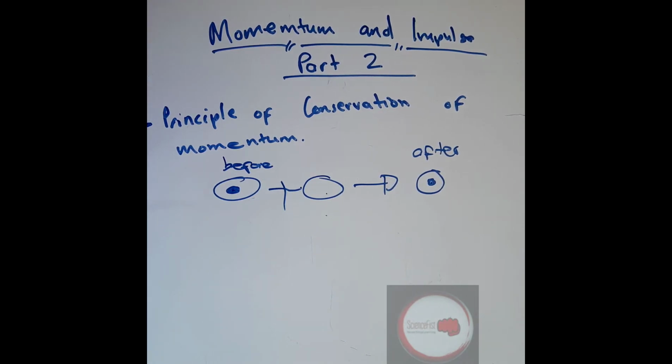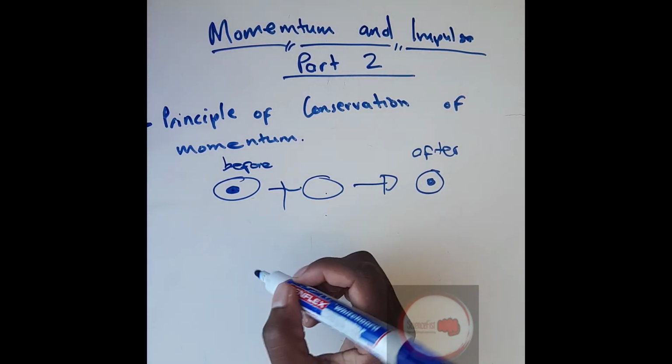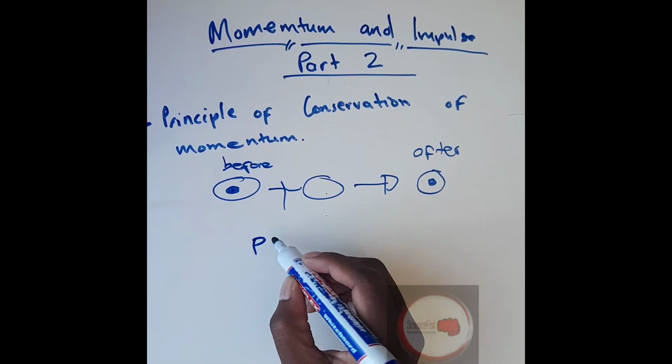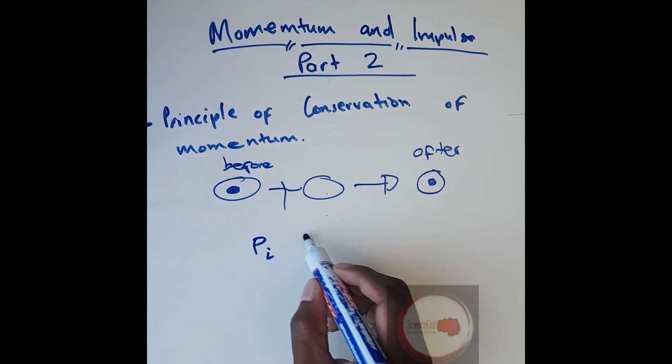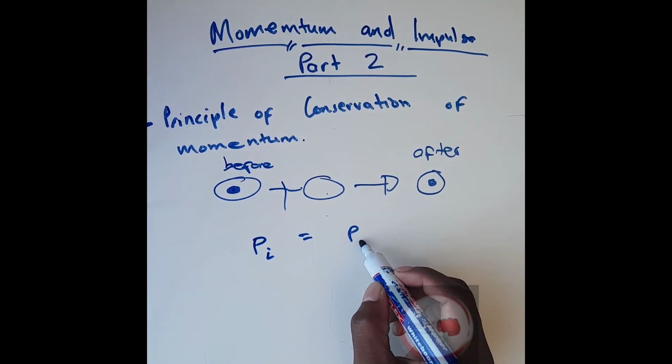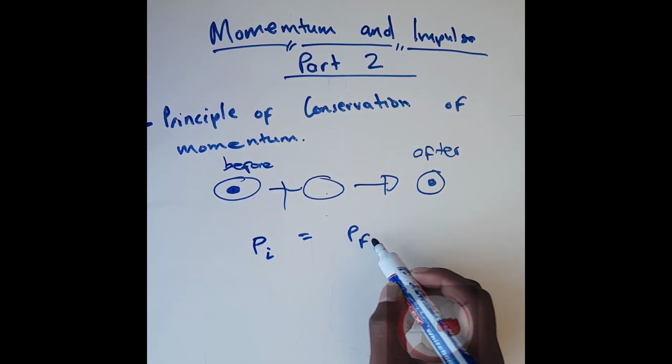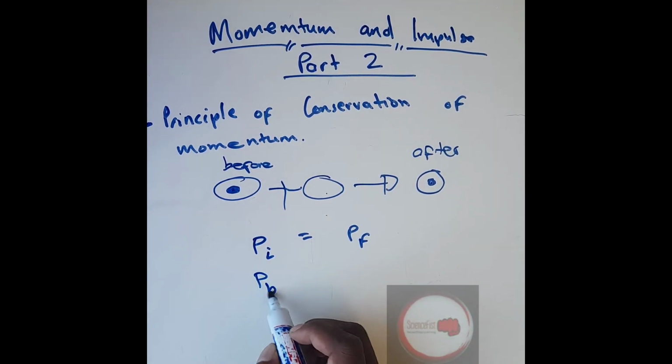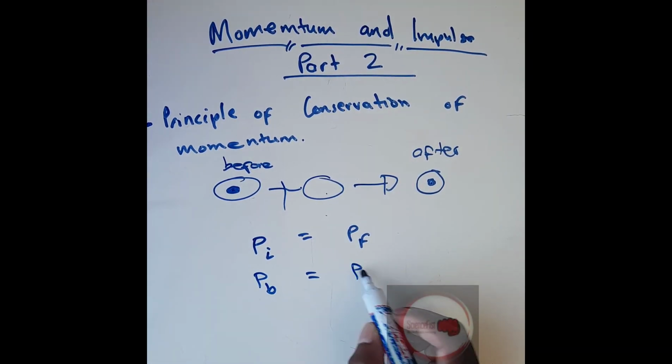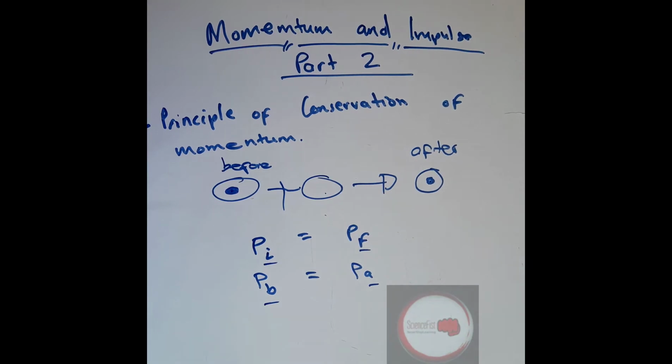We will see how this plays a major role in the next thing that I'm going to discuss. So remember, we would say P initial will be the same as P final, or you can say P before will be the same as P after. So that's the principle of conservation of momentum.